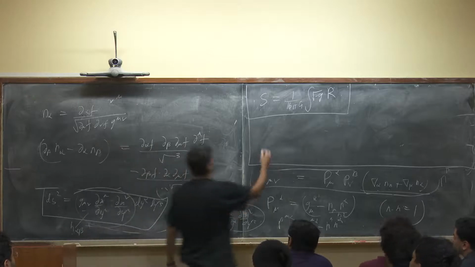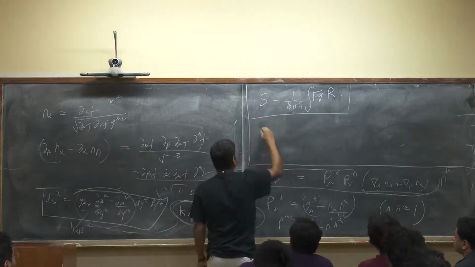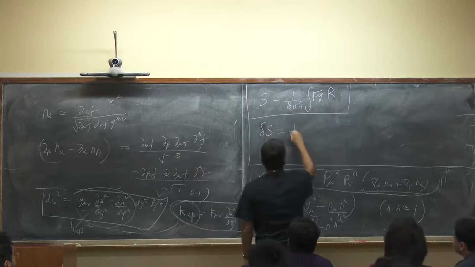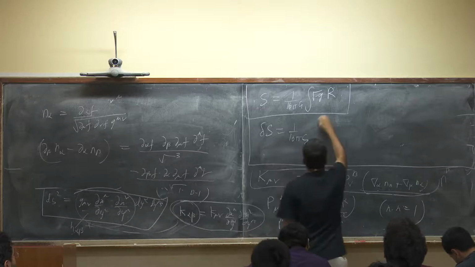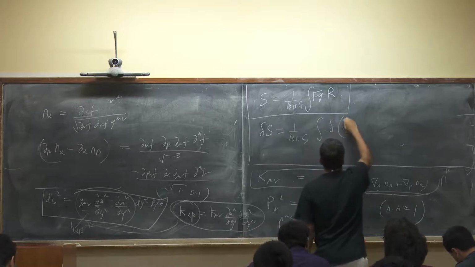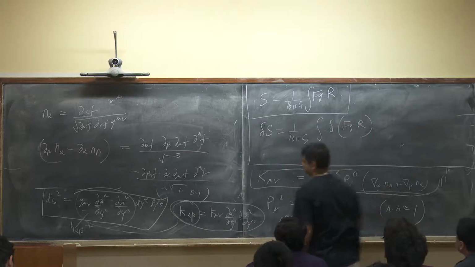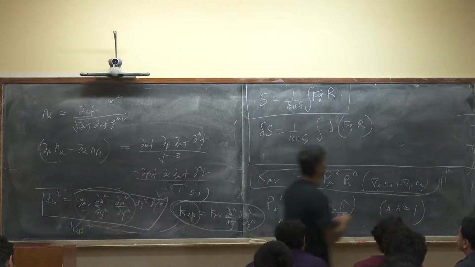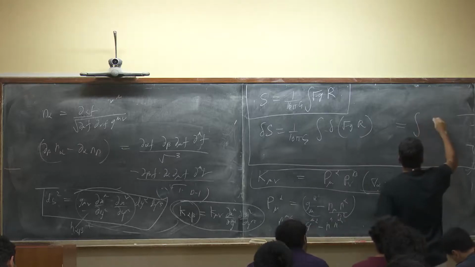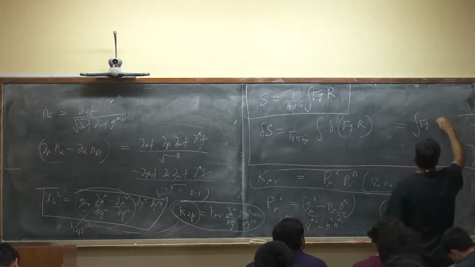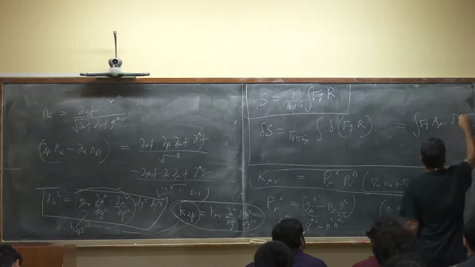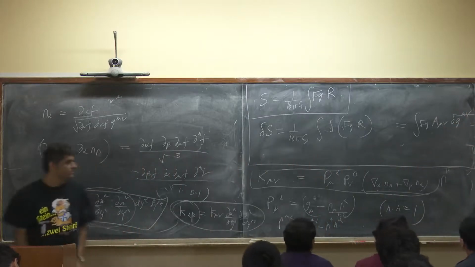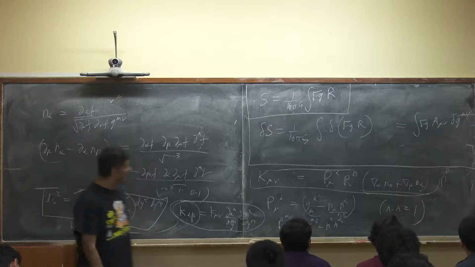So what we're going to do is to take delta S, which is 1 by 16 pi G times delta of square root minus g times R, and compute it and try to write it in the form something minus square root g times G mu nu times delta g mu nu. Okay, that's our goal.